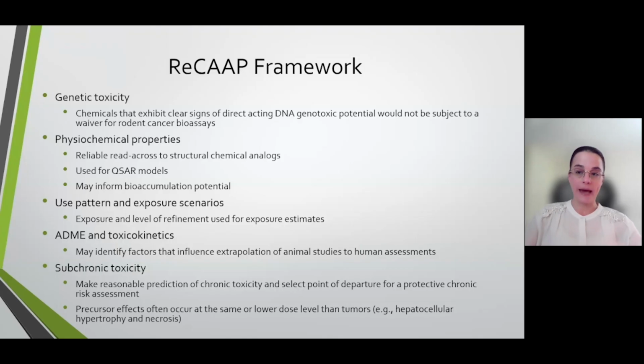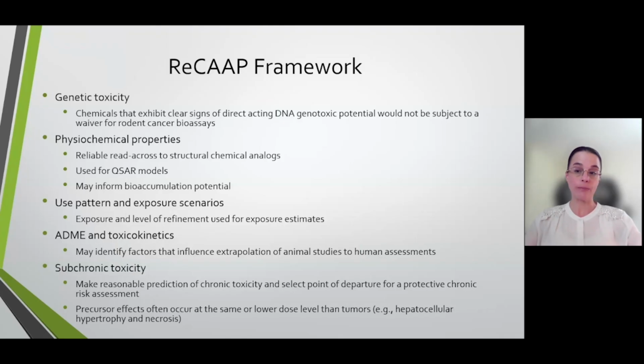We consider the PChem properties. This allows for reliable read across to structurally similar chemicals or analogs. The structure of a chemical can also provide insight into the ADME, the absorption, distribution, metabolism, and excretion of that chemical, or other parameters.